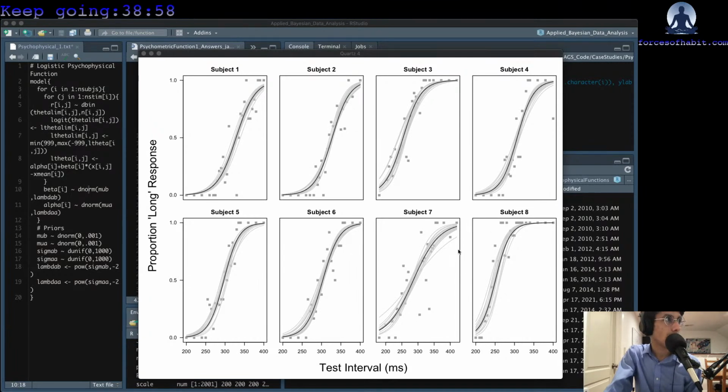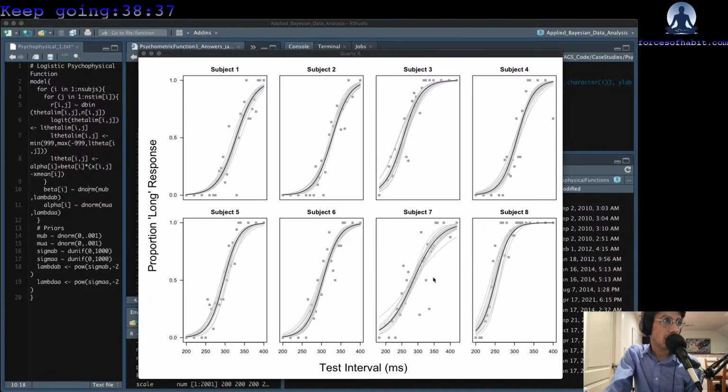This is just to say that more concretely then, if you take a look at subject 8 here, we see that there's a lot more variability surrounding alpha as well as even beta here. And so, given that, you see that it's a lot thicker in terms of the possible values.